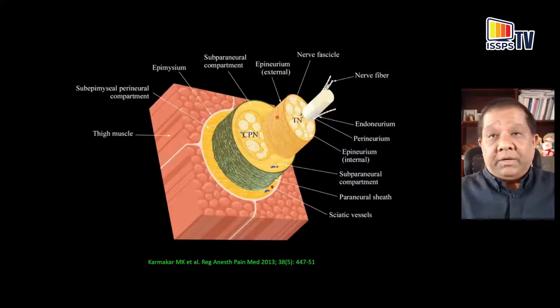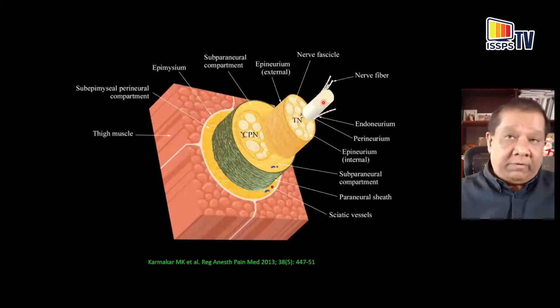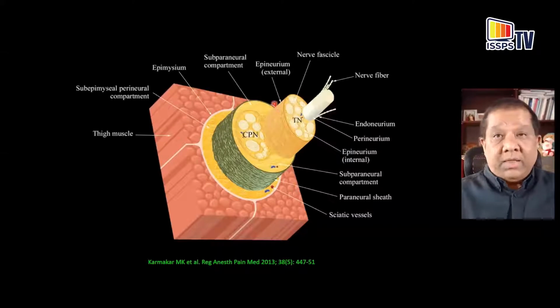Each nerve within the sciatic nerve has its own epineurium. It has its own perineurium and the endoneurium of the nerve fibers or the axons that Dr. Reina has very eloquently demonstrated in his presentation. The circumneural sheath or the paraneural sheath is now surrounding the 2 nerves, and there is fat, a fatty matrix, interposed between the 2.